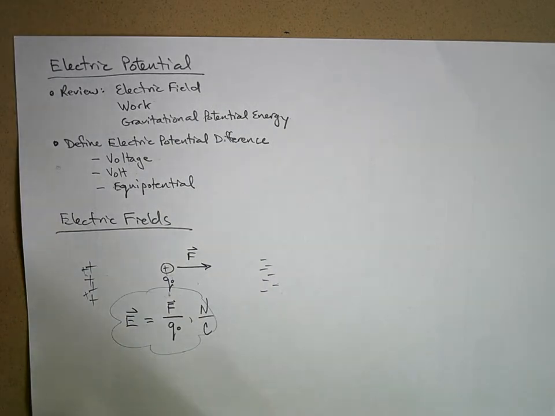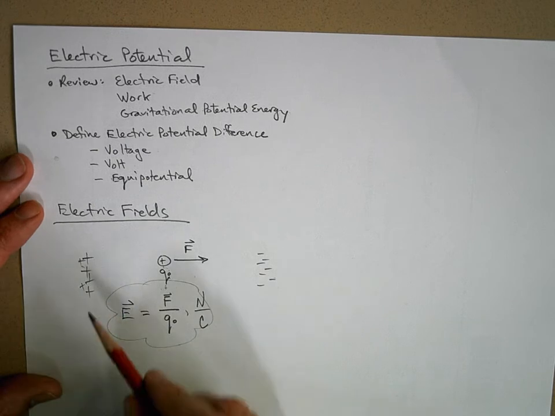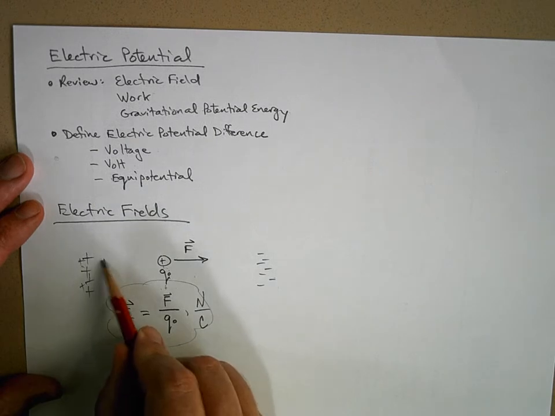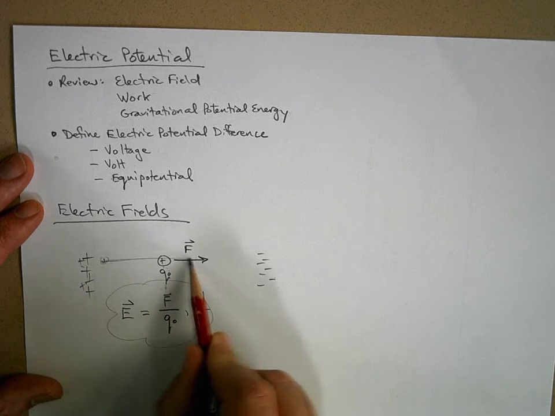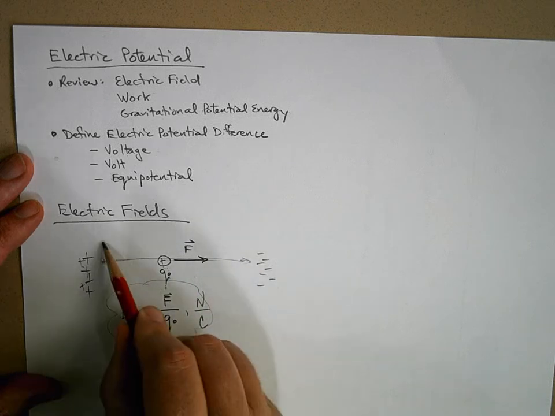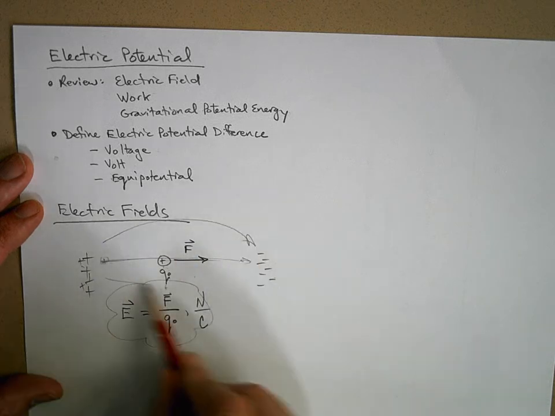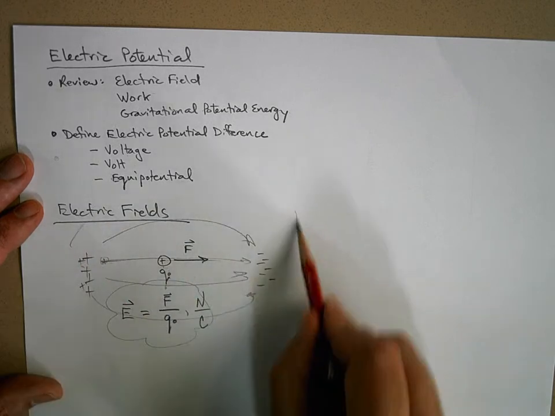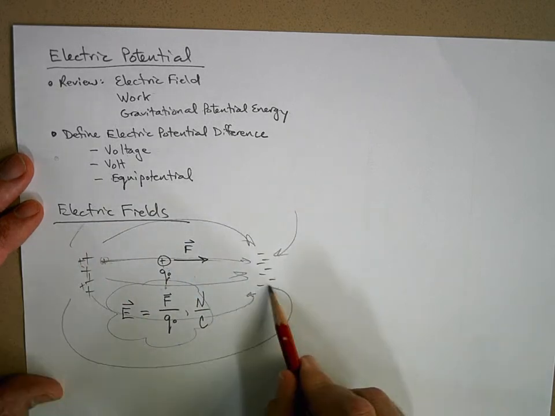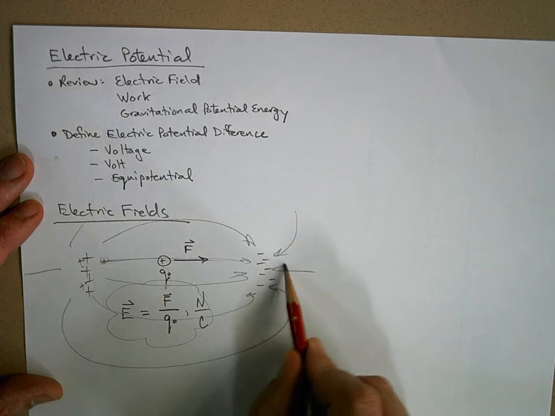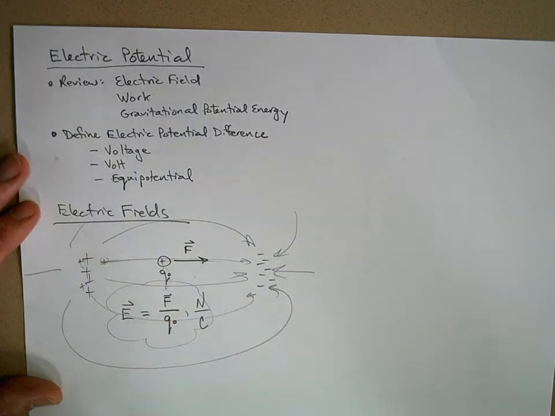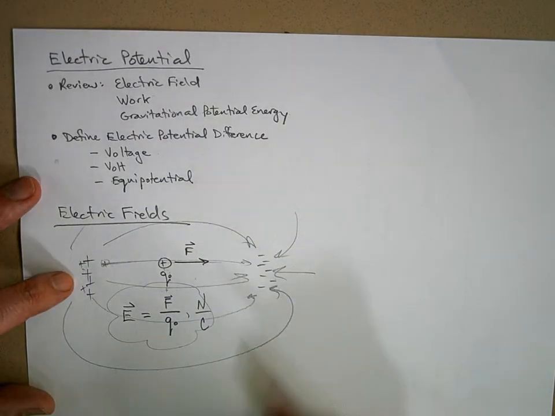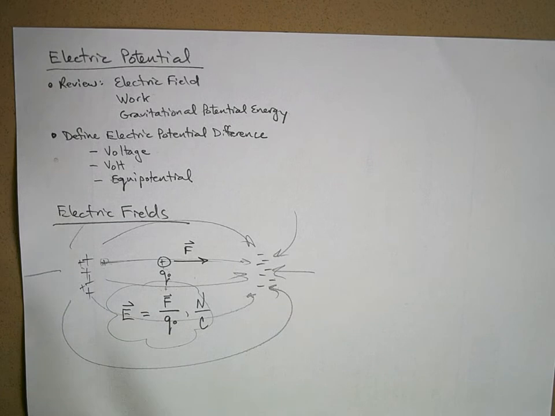We also drew electric field lines, didn't we? We said if I put my test charge here, it'll get forced this way, and then we can connect all those force vectors together. It might get kind of curved like this, and I think we had some rules for those electric field lines. We said that electric field lines always start at positive charge, they end at negative charge.